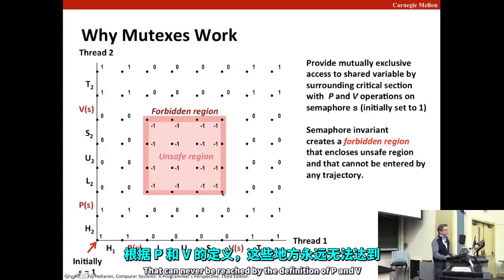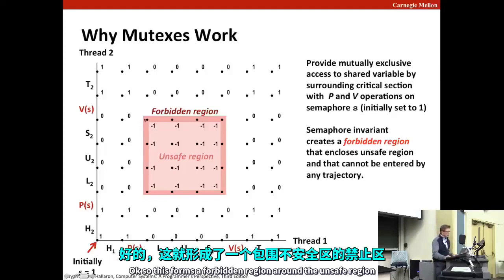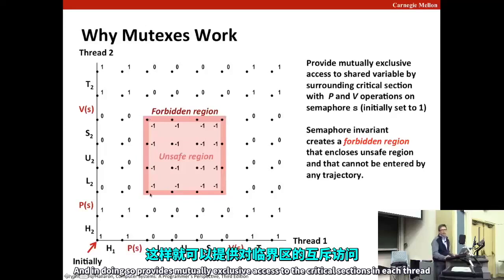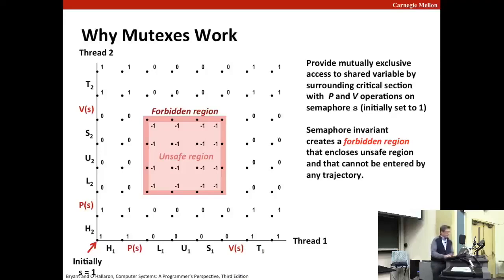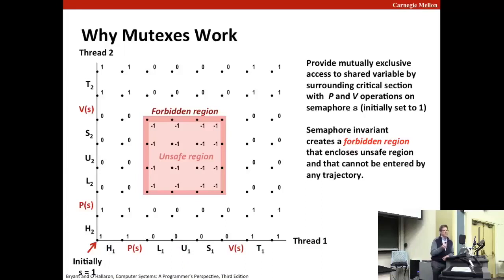They can never be reached by the definition of P and V. So this forms a forbidden region around the unsafe region, and in doing so provides mutually exclusive access to the critical sections in each thread. This is the fundamental reason why Ps and Vs can be used to provide mutually exclusive access.